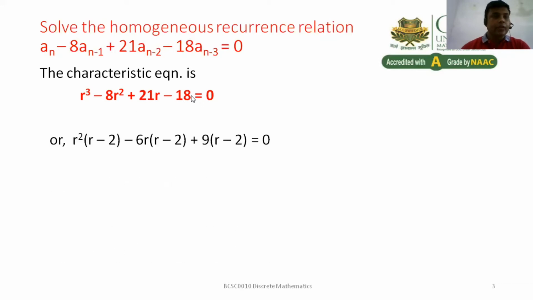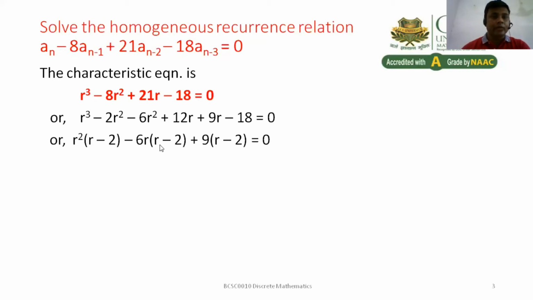Now let us factor this out. Here you will get r minus 2 as one factor, because whenever we put r equals 2, it will be satisfied. So we have obtained r equals 2 as a solution.